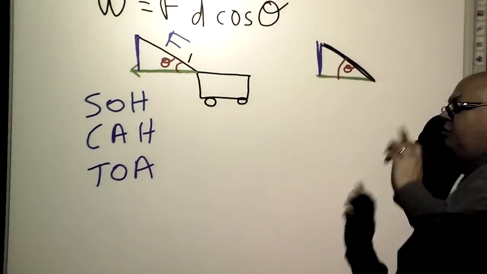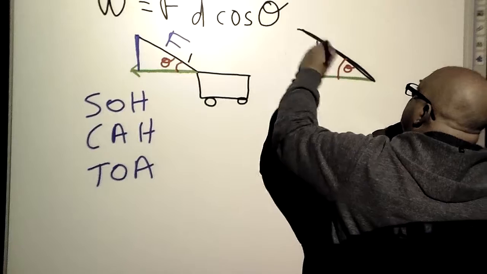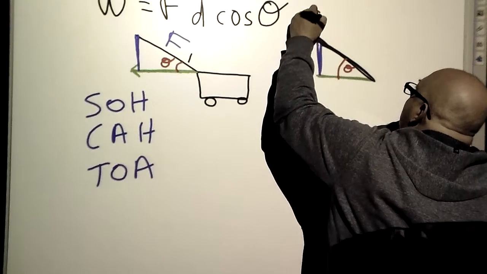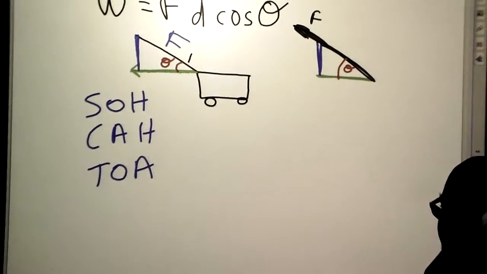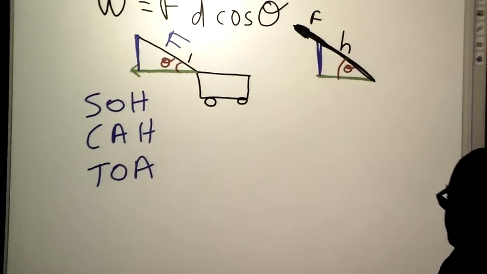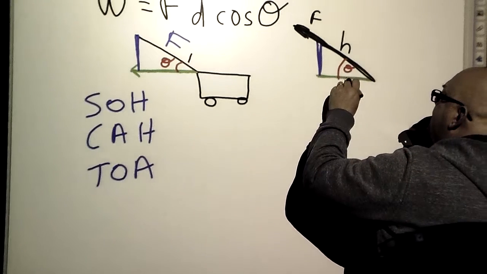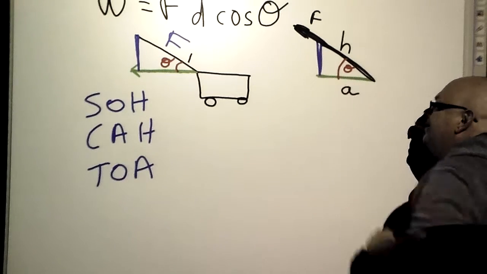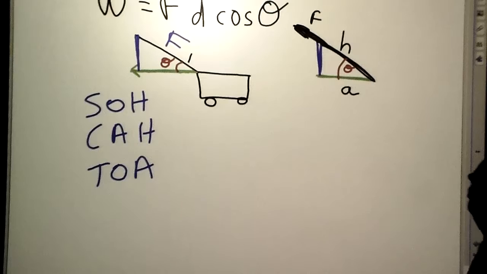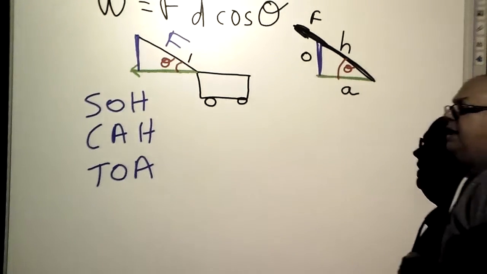This is where the Sohcahtoa comes in, because this is the force that we're pulling with. That, guys, is the hypotenuse of our right triangle. Here's the angle we're interested in. This is our adjacent, and this is our opposite.